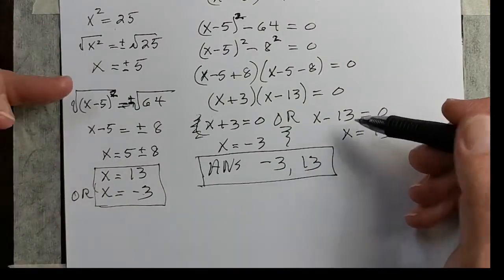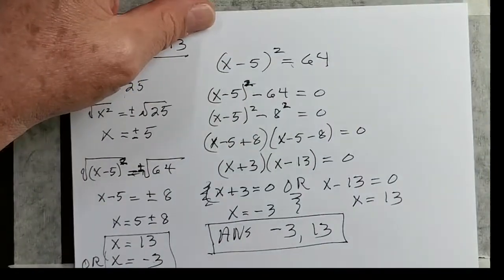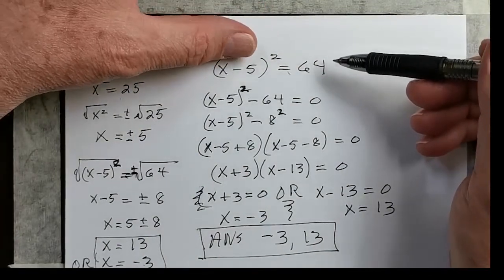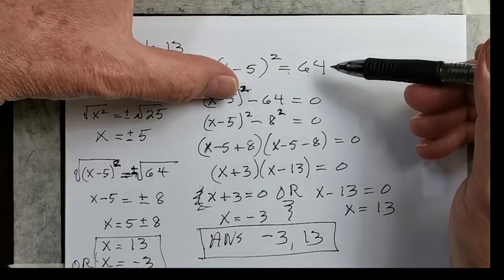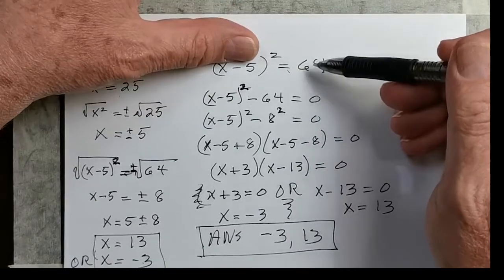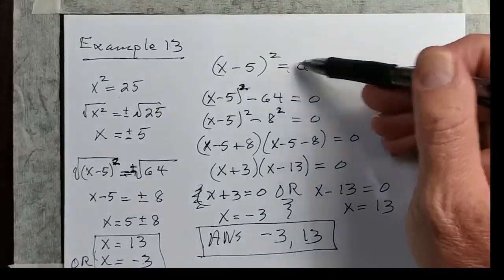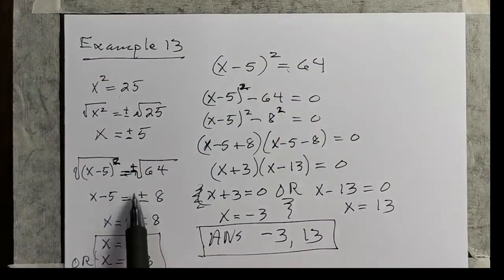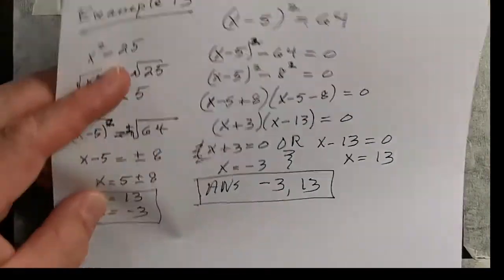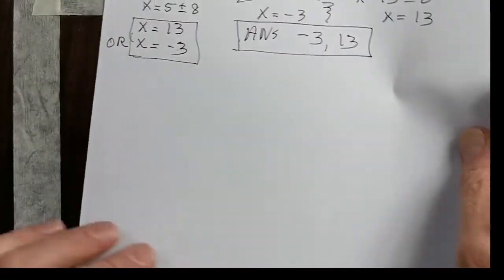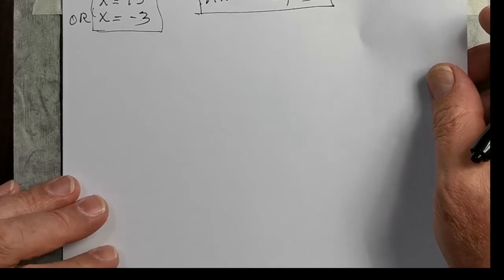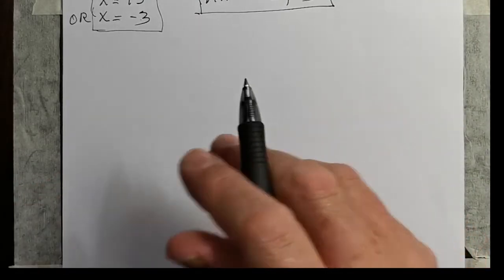So again, if I took the square root of the left, square root of the right, it's x minus 5 equals plus or minus the square root of 64. But don't forget to put plus or minus like we did here. Example 13 has some concepts there that are important, and I hope you catch those and understand.